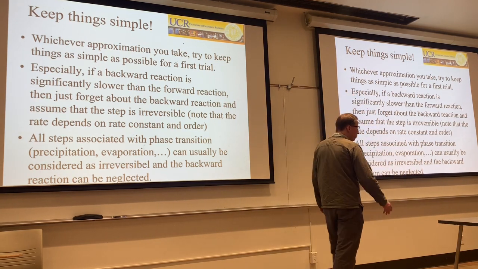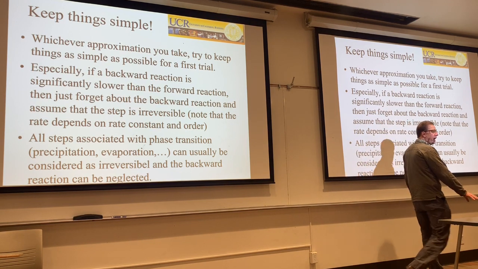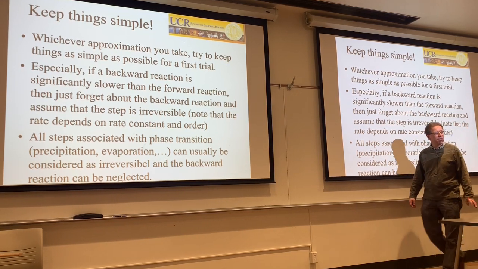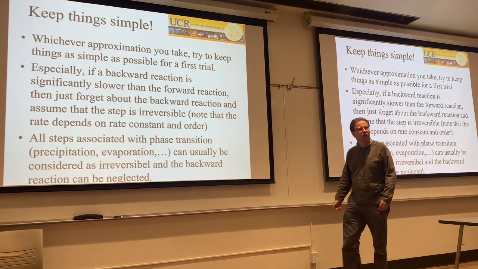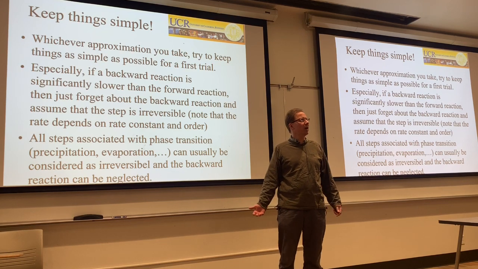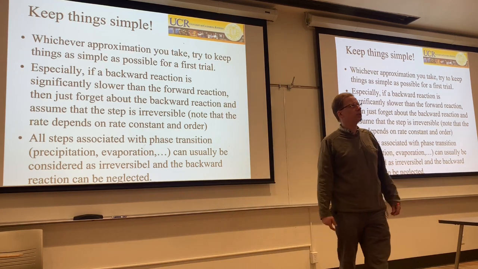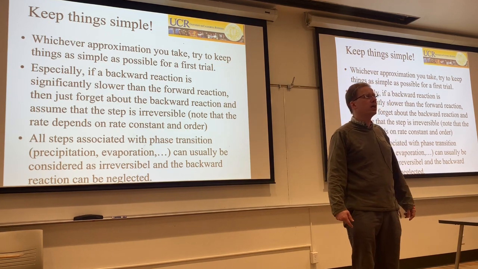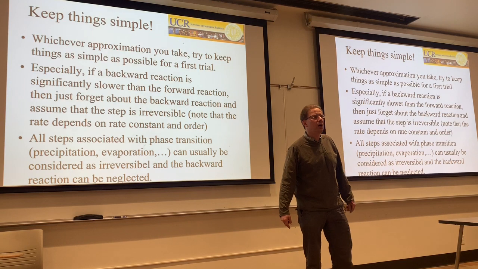Now, if you do your homework, and I'm not going to add much to the homework today, except saying this very thing. When you do your homework, please have a look at the second reaction, which is somewhat of a rate determining reaction in your homework. What about that backward step there? Is the backward step actually relevant? If you were to neglect that backward step of the middle reaction over there, would things really change?